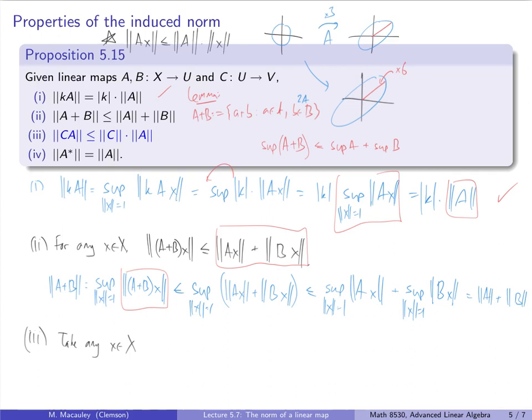Let's apply that here, but with C. In other words, the norm of CAx is less than or equal to the norm of C times the norm of Ax. And now we can apply that again right here and say this is less than or equal to the norm of C times the norm of A times the norm of x.